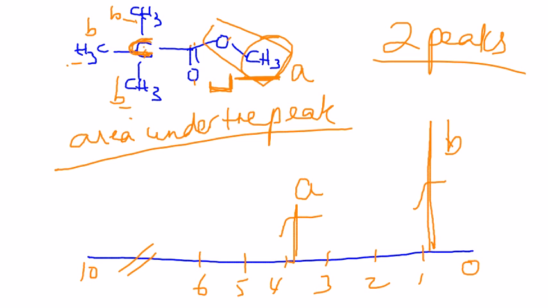That means if you figure out the area of the A peak, that should come out to be approximately 3 protons, and the one under the B peak should come out to be about 9 protons. What's pertinent here is that the numbers that you get may not exactly be 3 and 9. They might be reflective of 1 to 3, or they might be reflective of 2 to 6.